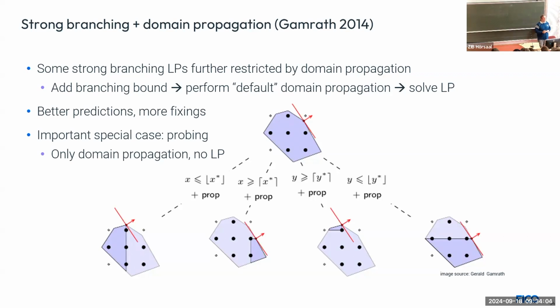Again, an important special case of this is branching by probing, which would mean that you only apply the domain propagation procedure. You don't solve the LP afterwards. You just propagate bounds and then do some deductions from there. If you're really lucky, you also get a deduction or an improvement of the dual bound, but at least you can analyze how many other bound changes this branching triggered.